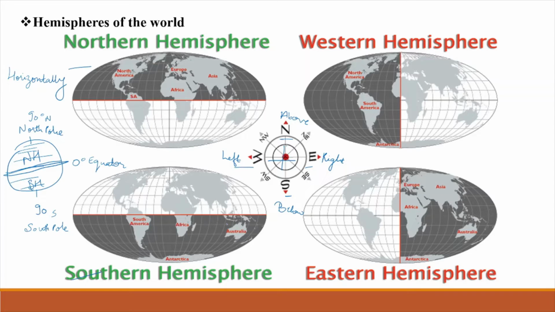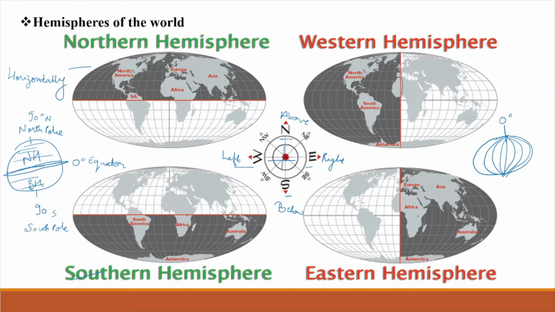Now moving on to the right side of the screen, if we divide the globe vertically, or in layman's terms, with a standing line, then again we get two parts. Firstly, we know longitudes are imaginary vertical lines on the globe that all meet at the poles. We have a 0 degree longitude.